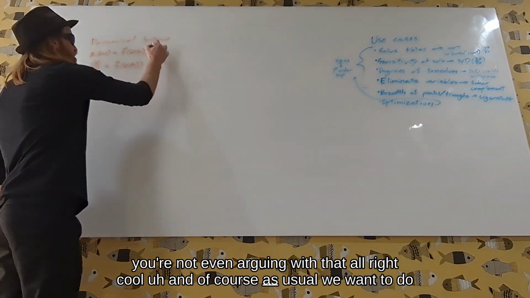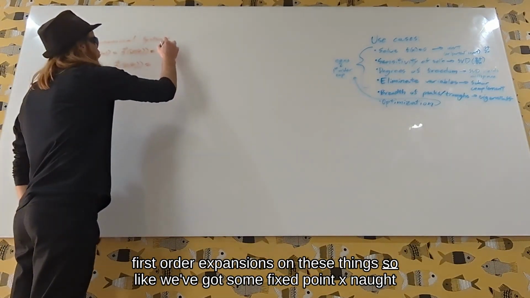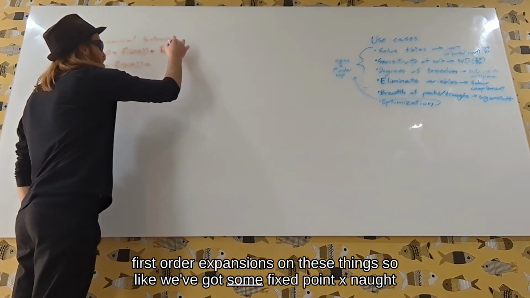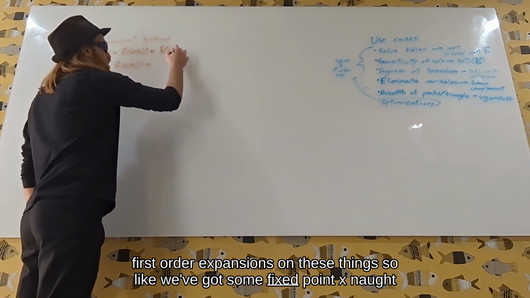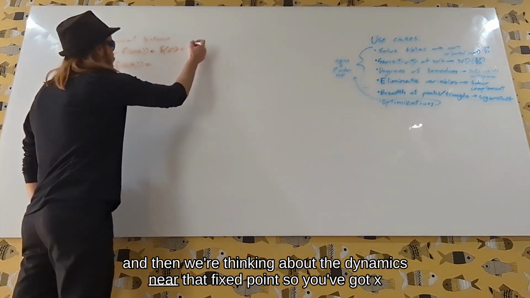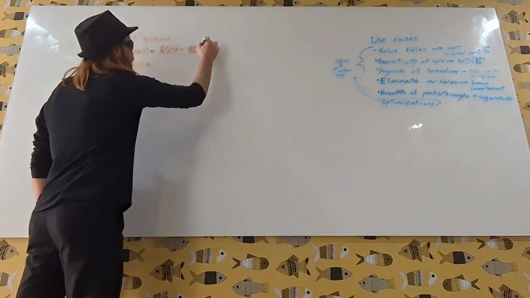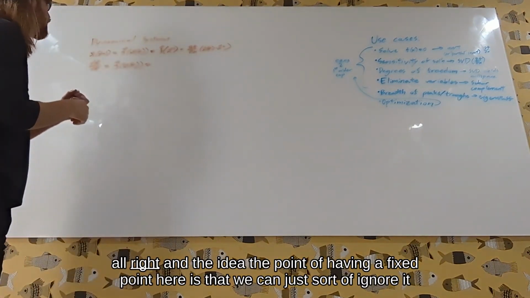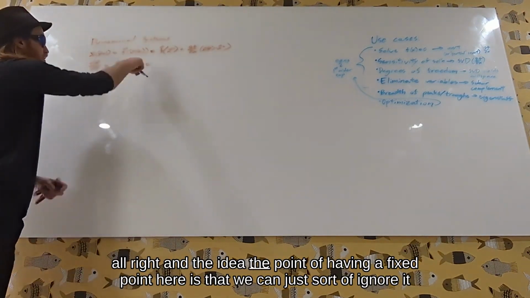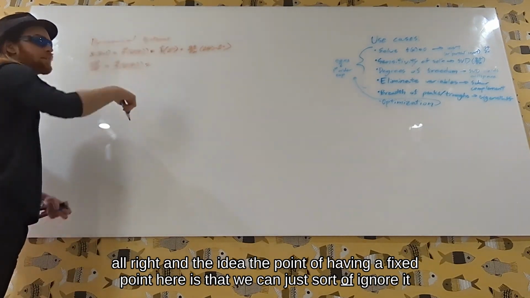And of course, as usual, we want to do first order expansions on these things. So we've got some fixed point, x naught, and then we're thinking about the dynamics near that fixed point. The point of having a fixed point here is that we can just sort of ignore it.